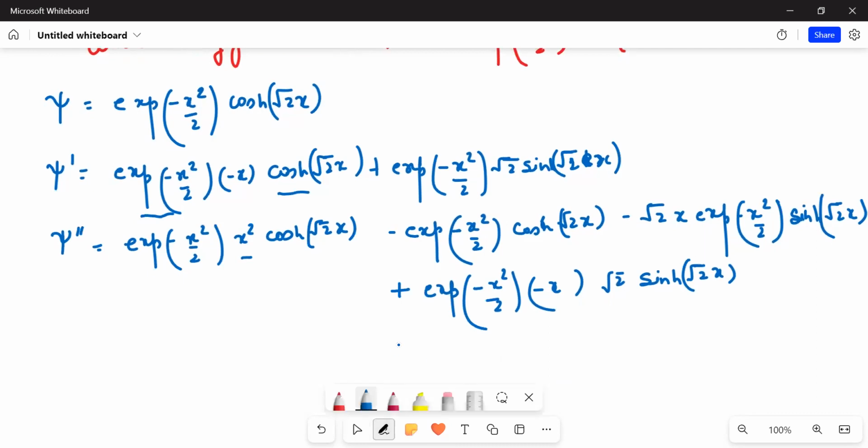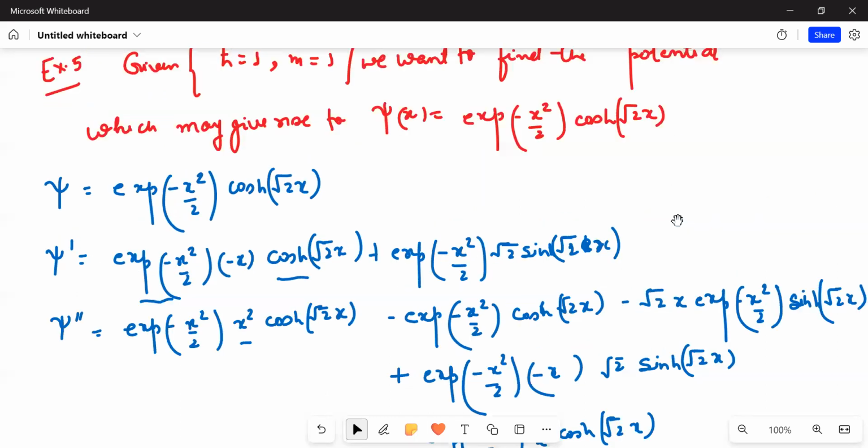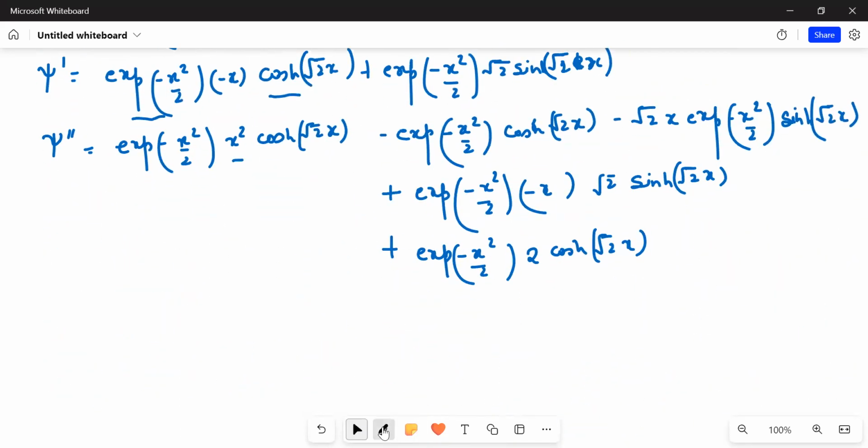Oh, these are many derivatives altogether. Okay, fine. So this will be exponential of minus x square upon 2, and then root 2 times root 2 becomes 2, cos hyperbolic root 2x. So it's a big deal. And for simplicity, we've already taken that h bar and m are equal to 1. So at least we've simplified our life.